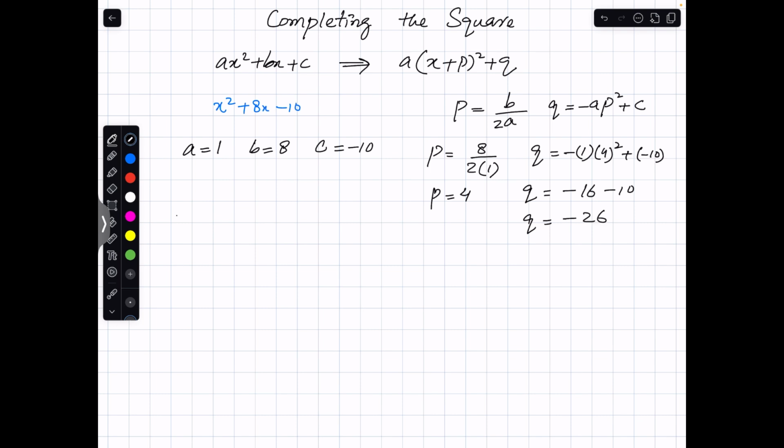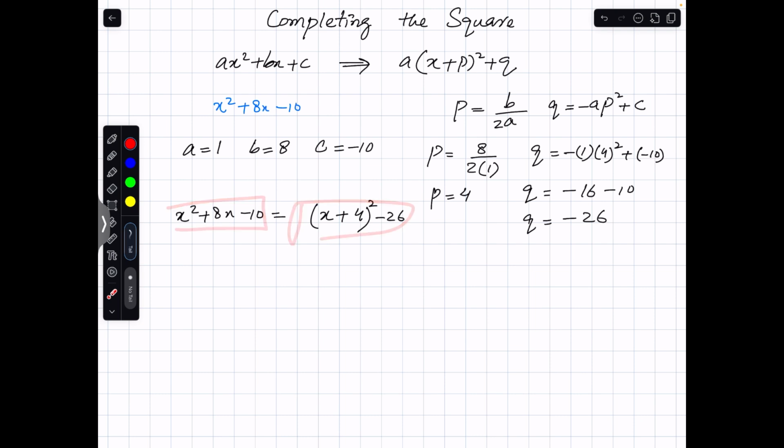So now we can say that x square plus 8x minus 10 is equal to (x plus p) square, since the coefficient of x square is 1, so (x plus 4) square minus 26. Now we can verify whether this is equal to this or not.